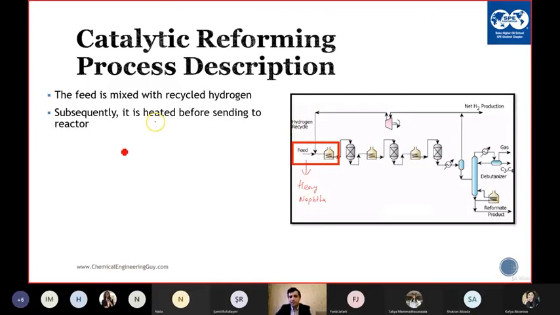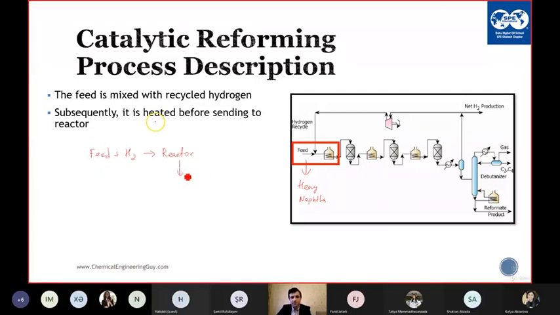You can ask, we produce hydrogen in the CCR, so why do we have hydrogen in the feed? Because we also have hydrogenation reactions in the reactor. That's why we add the feed plus H2 to the reactor.